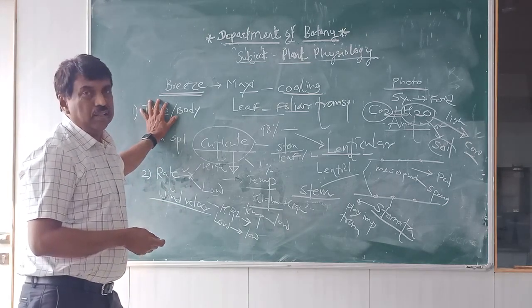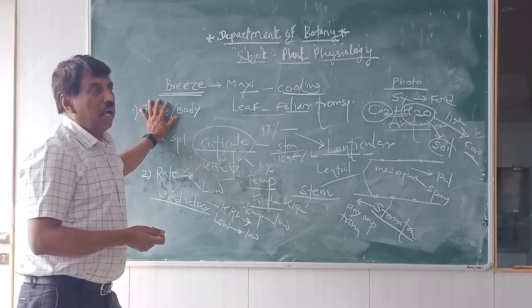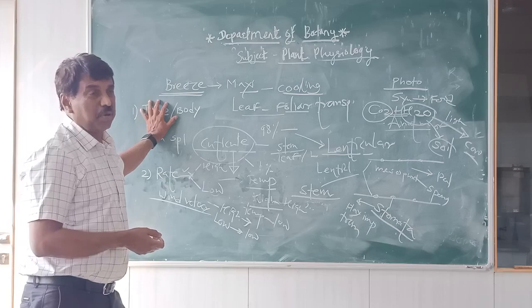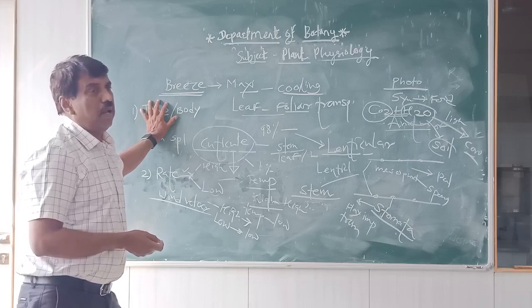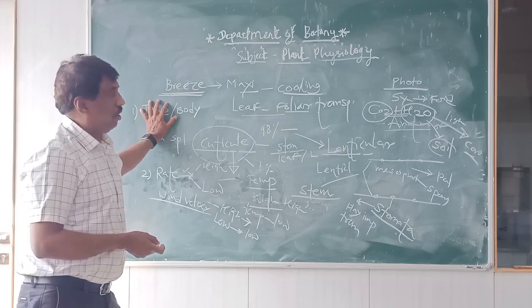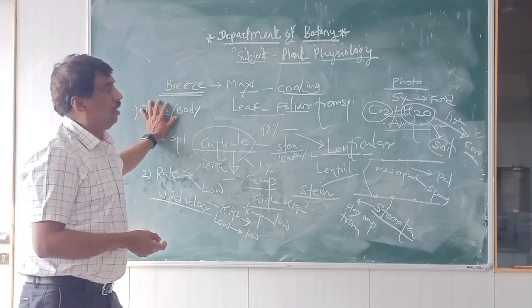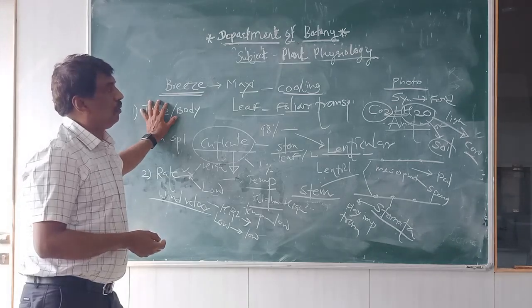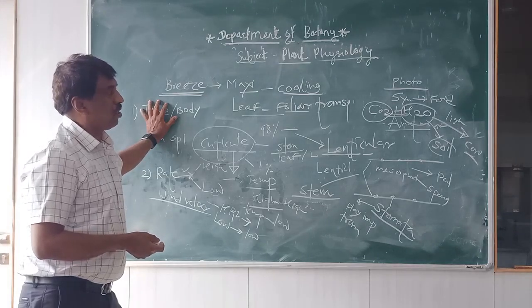They put forth different theories, and according to some theories this is a passive process, according to other theories probably this is an active process, and the so-called water column which is normally developed in the stem of the plant is normally broken up by the transpiration process.